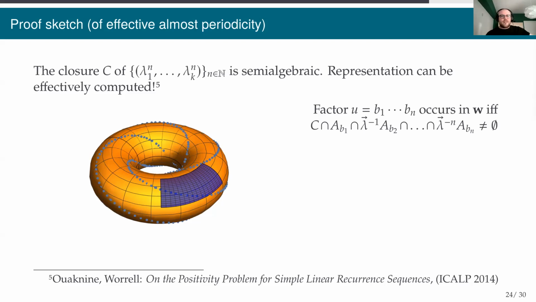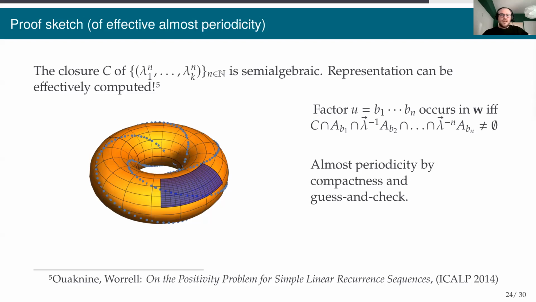So for each factor B1 to Bn, you can define an open semi-algebraic set on the closure of the orbit of this point, with the relative topology in mind. This is still a semi-algebraic set because A1 is, and if you just rotate it, it's still going to be a semi-algebraic set.